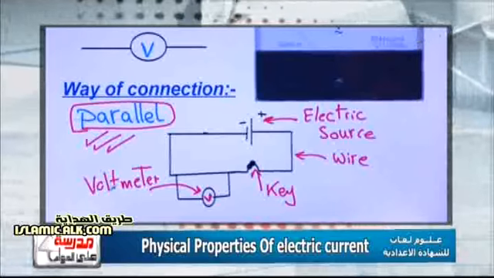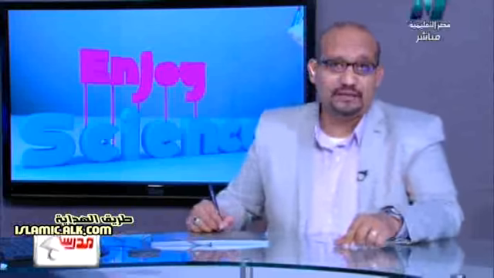Okay, dear students, now we can differentiate completely between an ammeter and a voltmeter by the way of connection, and according to the function of each one of them. As we see, the ammeter is connected in series, and the voltmeter is connected in parallel.